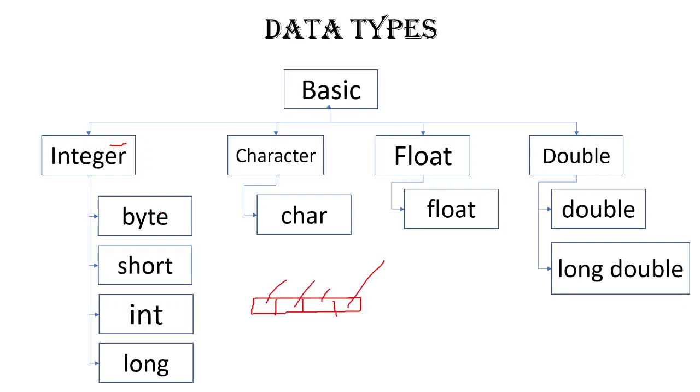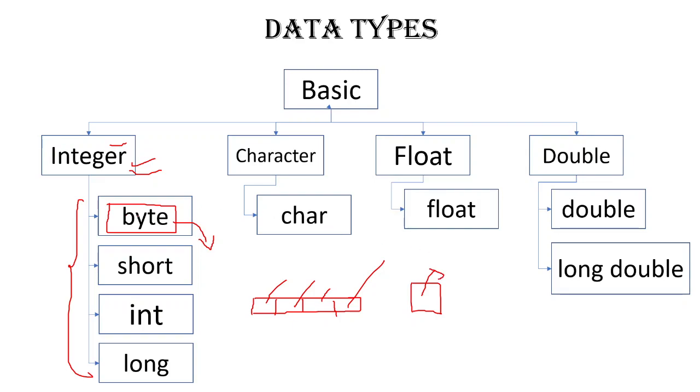So when we want to store an integer, we have these four options available. Byte is a type of integer that holds only 1 byte of memory. Whenever we say our variable is a byte type, it means that whenever space is allocated in the memory, it will give 1 byte to that variable.